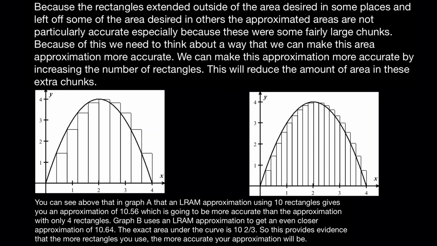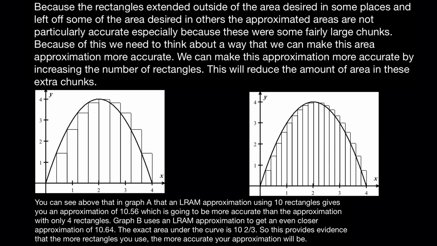Because the rectangles extend outside of the area desired in some places and leave off some of the area desired in others, the approximated areas are not particularly accurate, especially for the ones that we just did, because we only used 4 rectangles.